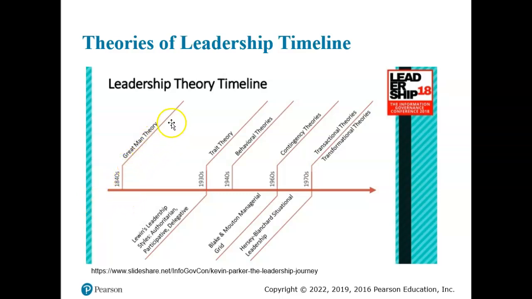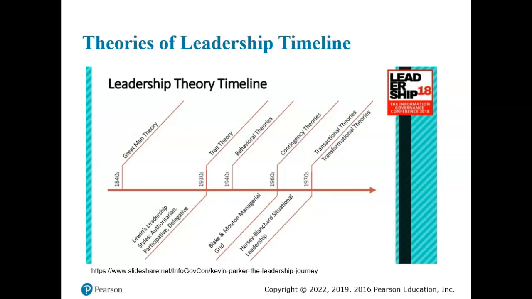So starting with the great man theory and going through different types of definitions of what types of leadership there is, behavioral theories, contingency theories, Blake Mouton and Hersey Blanchard leadership theories. They aren't in our text, but they get taught quite frequently in leadership classes. And then there's transactional theories and transformational theories of leadership as well.